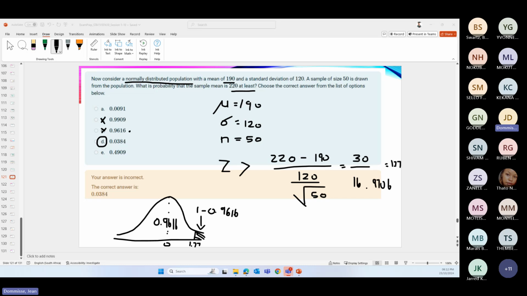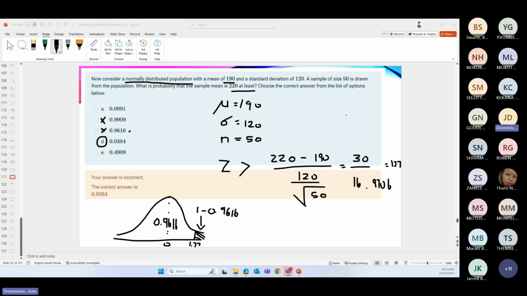But if I didn't give you the standard deviation or tell you the mean, and we just get a test statistic, then we need to tell you you're using the T distribution, because you need to get the degrees of freedom.